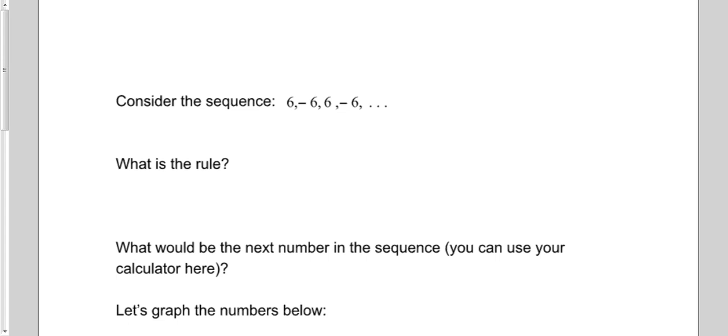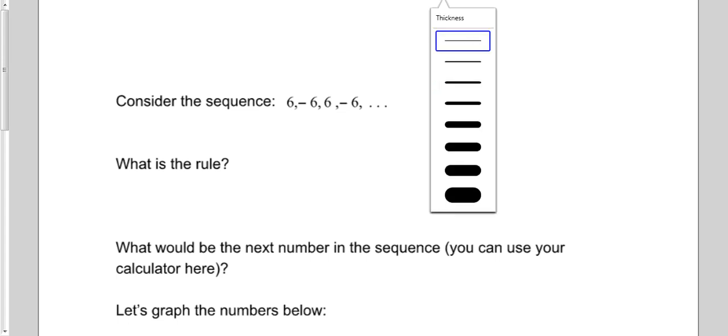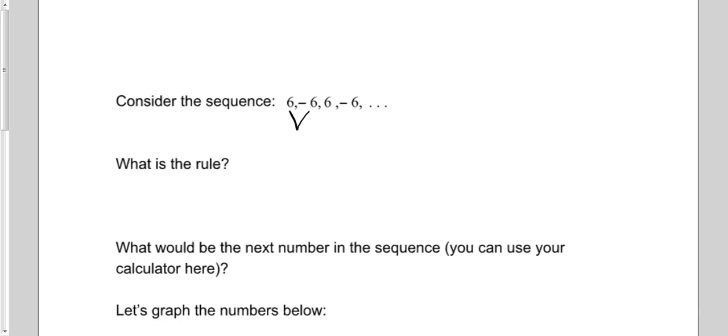Now, I want you to consider this one. This is a funky one. We're going to go over this specifically because this will trip you up if you're not paying attention. How can I make 6 turn into a negative 6? I can add something, subtract something, or multiply. Pause the video, think about it.